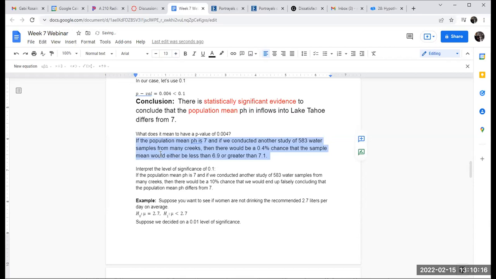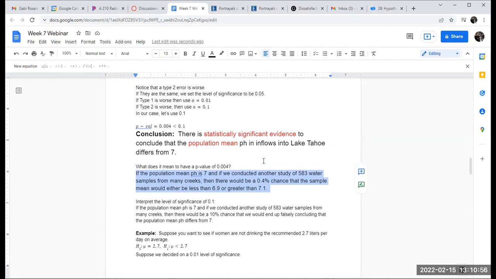If the population mean pH is 7, and if we conducted another study, just one other study of 583, because that was how many we looked at, by the way, water samples from many creeks, then there would be a 0.4%, because 0.004 is 0.4%, chance that the sample mean would be either less than 6.9 or greater than 7.1.